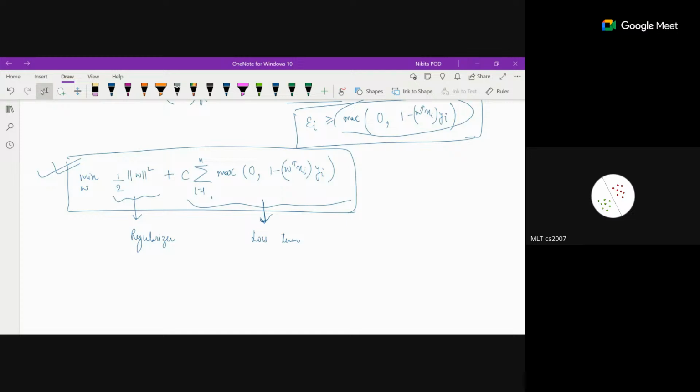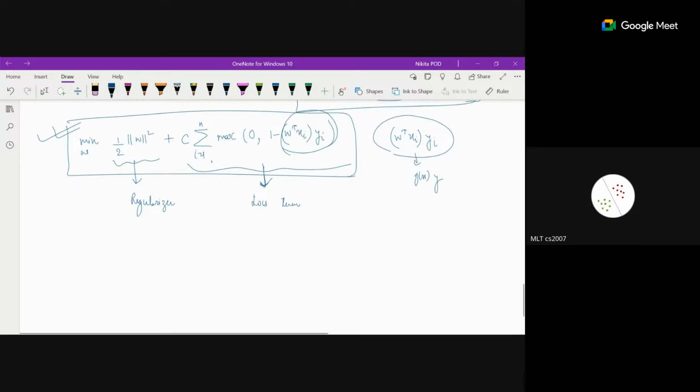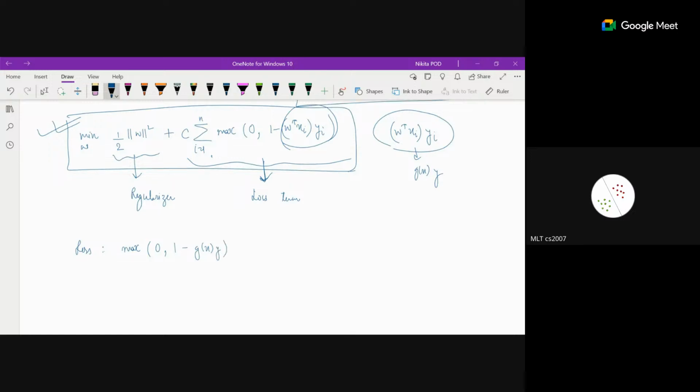If you notice over here, this W transpose xi times yi is what we were plotting the loss for, gx times y, right? And this is nothing but this gx times y. So my loss in this case is max of 0 comma 1 minus gxy. This is for one data point that we're talking about.